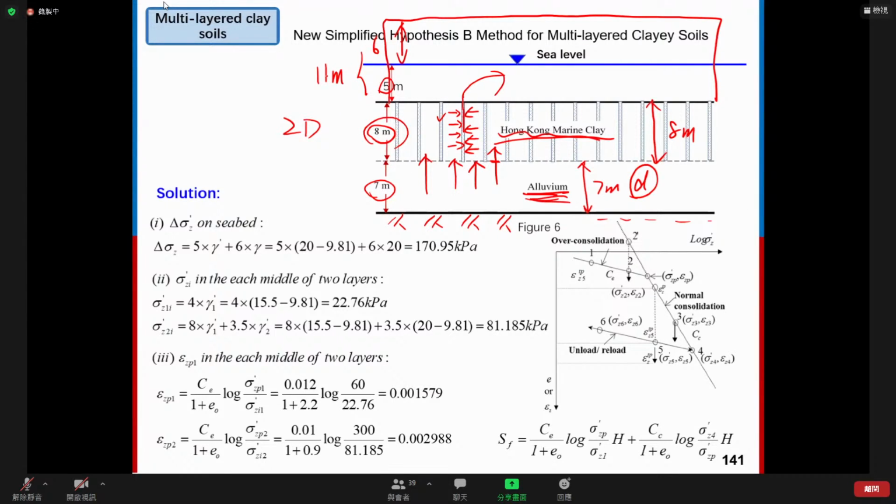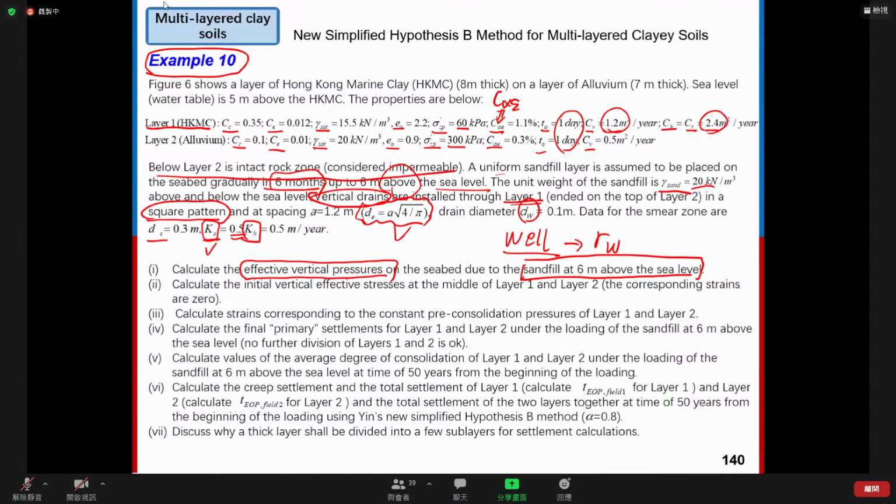So if we have a total thickness of 11 meters for the sand fill, the 6 meters will be above the sea level. So we will use the total unit weight, which is equal to 20, which has already been given here.